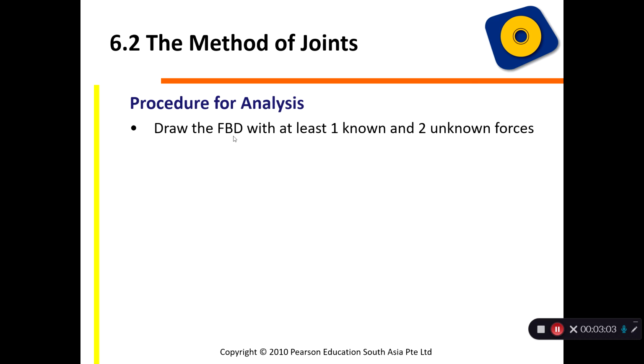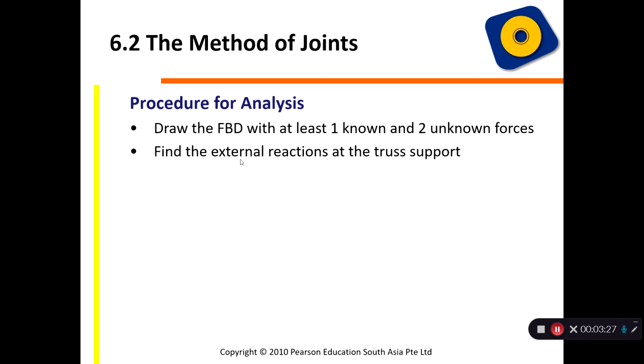First, draw the FBD with at least one known and two unknown forces. It makes sense to start with one known force, because with that known force you can find the other two unknowns. If you start with all unknown forces, then you're not going to solve anything.